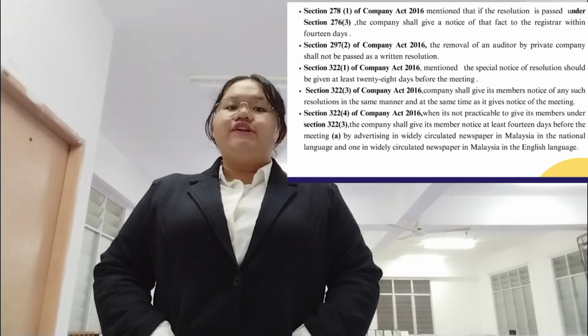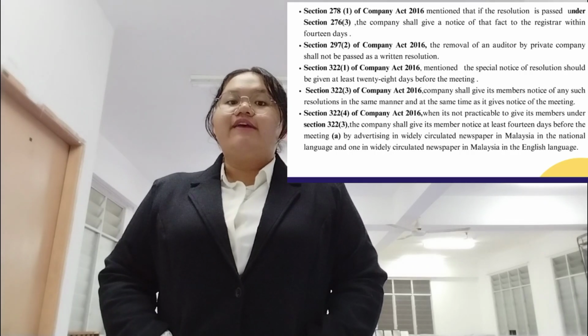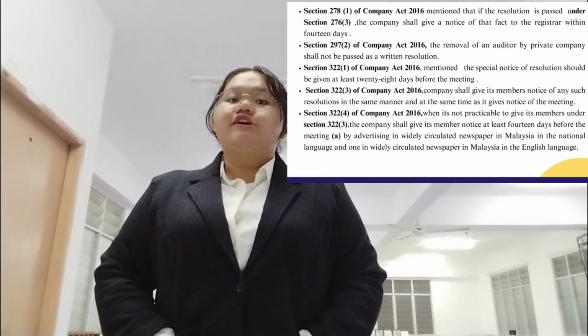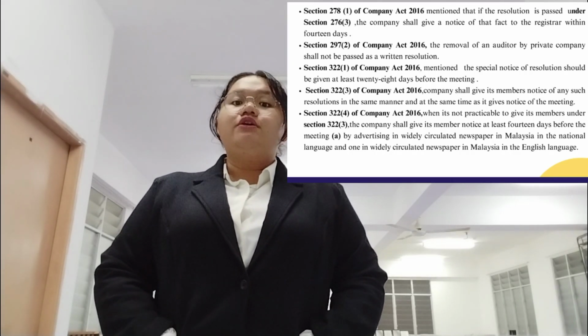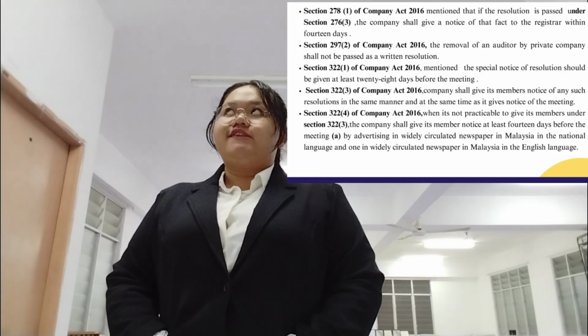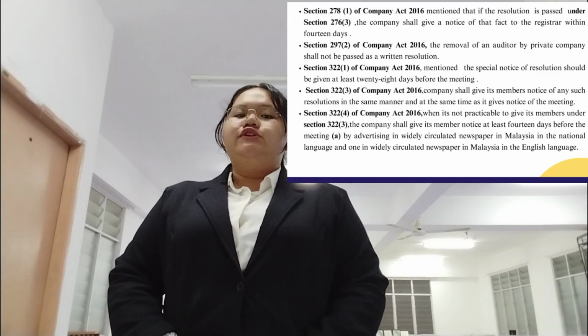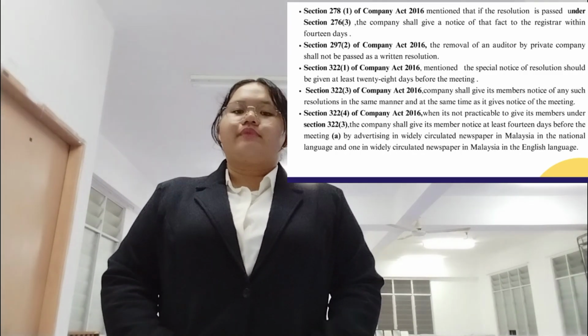Based on Section 322, Subsection 3, the company shall give its members notice of any such resolution in the same manner and at the same time it gives notice of the meeting.